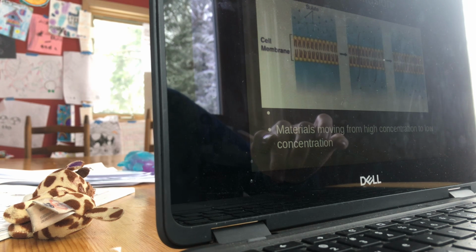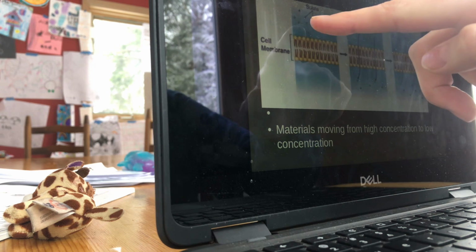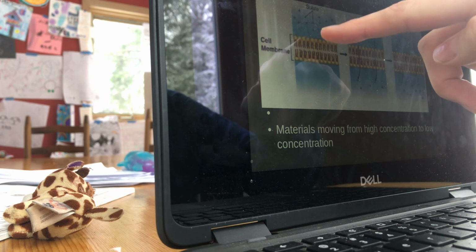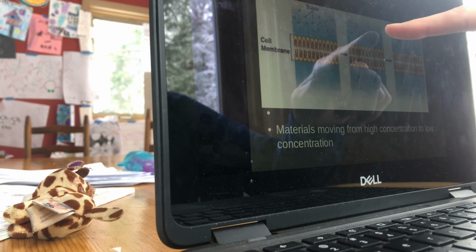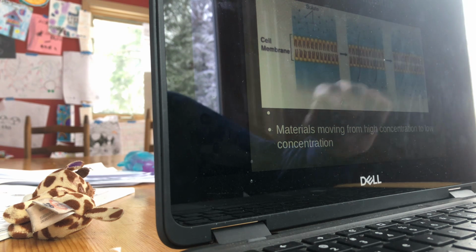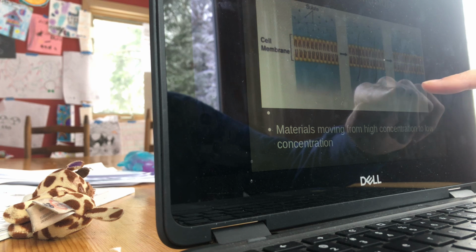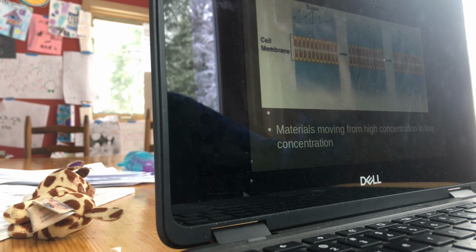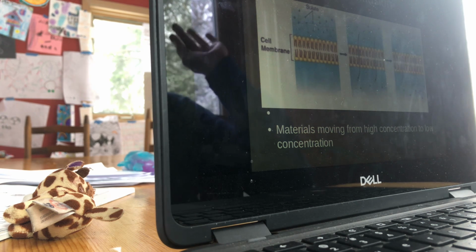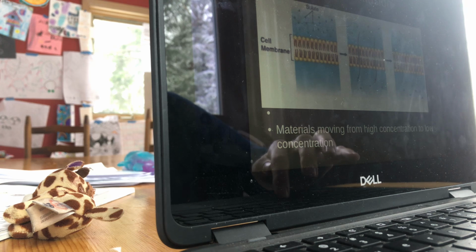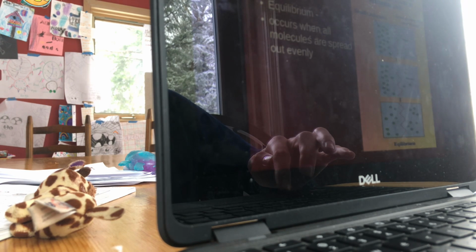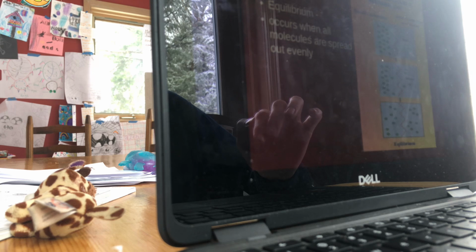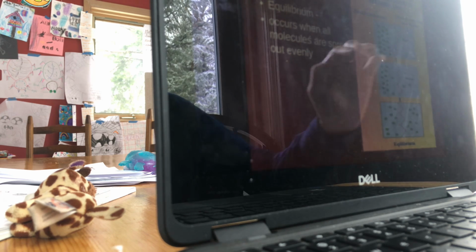Simple diffusion, moving from a higher concentration. If you look here, there's 1, 2, 3, 4, 5, 6, 7, 8. Well, there's a bunch, and there's 0. So diffusion is where it's going from a lot to a few. That is simple diffusion. Remember, it does not require energy. No energy required. And when that equilibrium is met, that means that it is balanced.